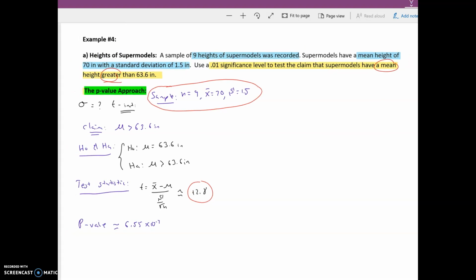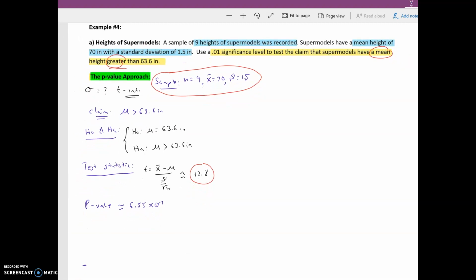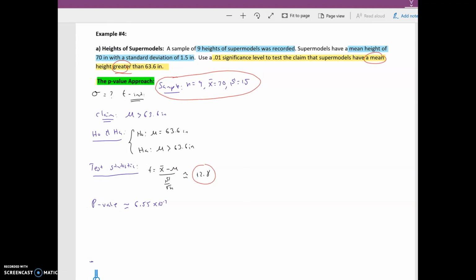Now, your main conclusion is going to be based on the p-value. So, as we're talking about this particular one, you're going to go back to the values of alpha. And alpha is given here. We technically have that alpha is equal to 0.01.